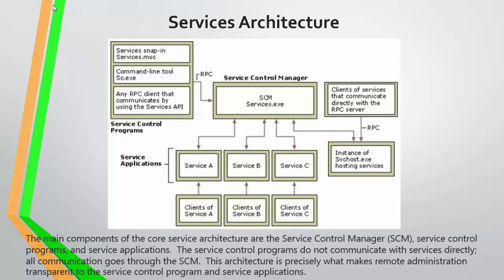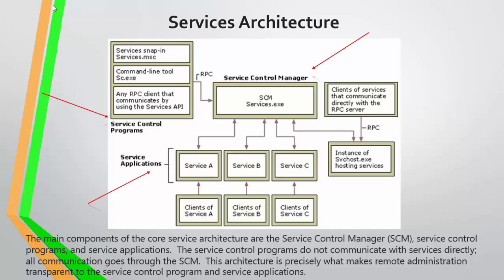Services architecture. Here we have a service control manager, service control programs, and service application. Mostly this image is to understand how these things are connected. The main components of the core service architecture are the Service Control Manager, the Service Control Programs, and the Service Applications.